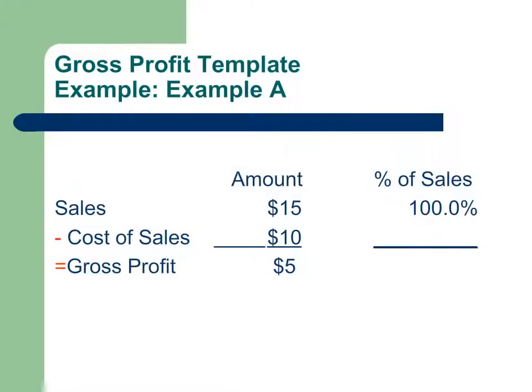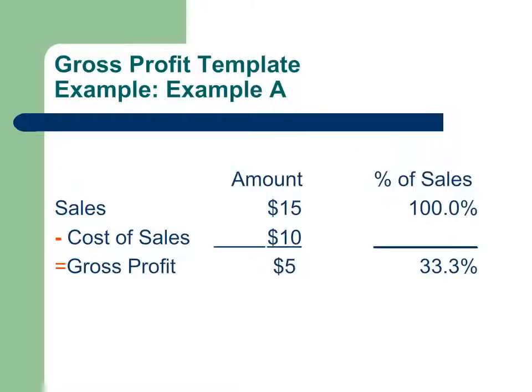In an earlier example, we used a selling price of $15 and a cost of $10 to calculate a gross profit of $5. $15 is 100% of the total sale amount. $5 is a percentage of $15. So 5 divided by 15 is 0.333 or 33.3%.